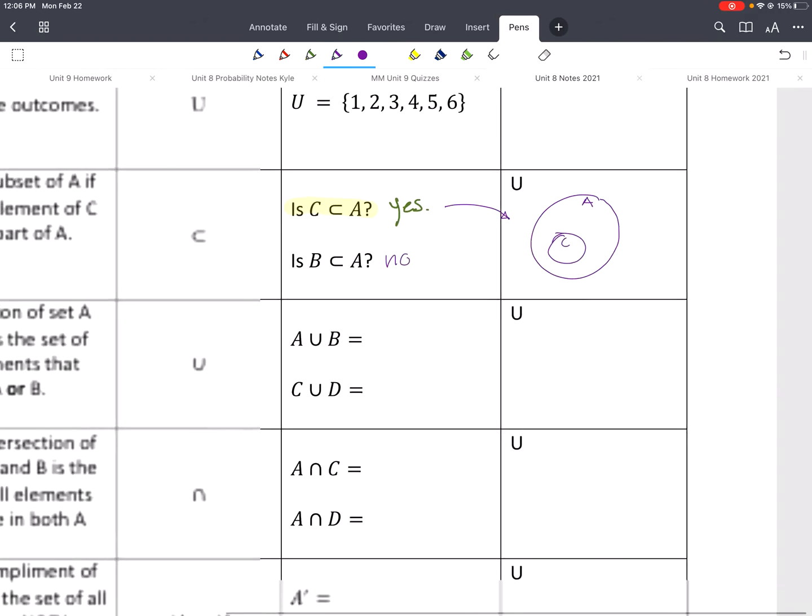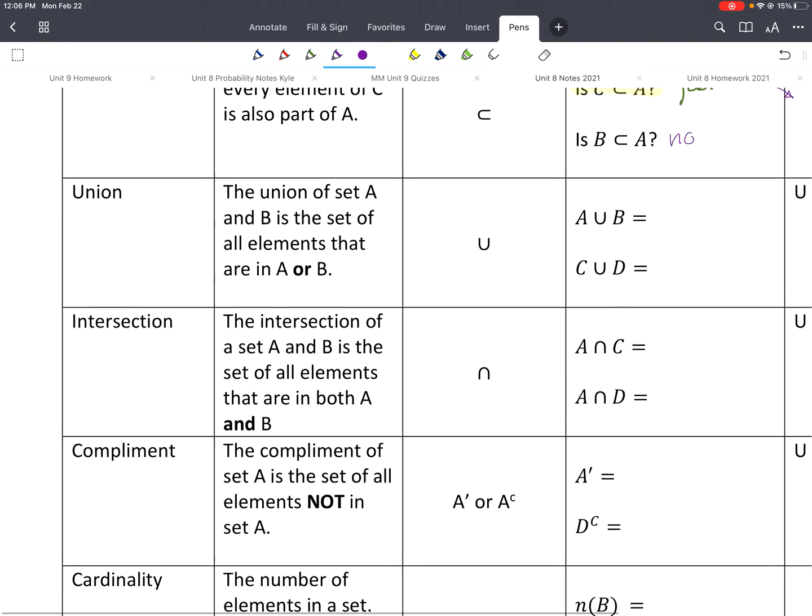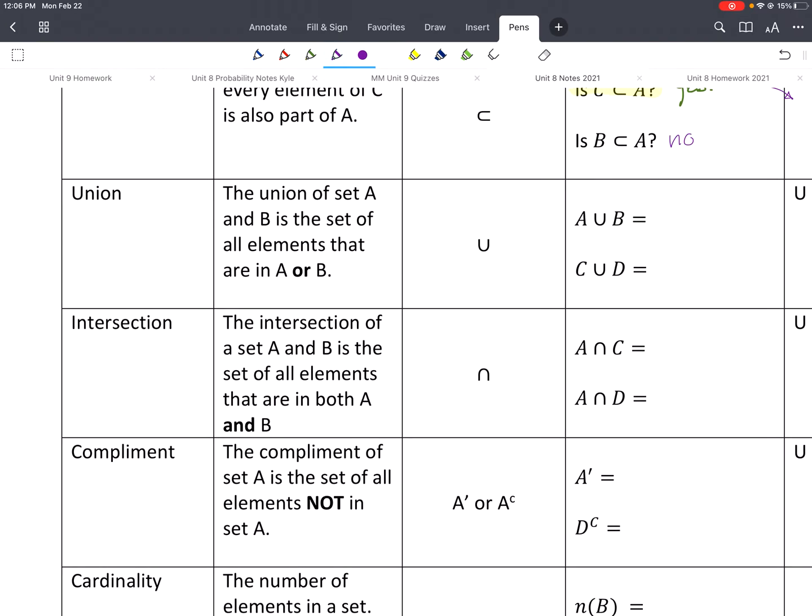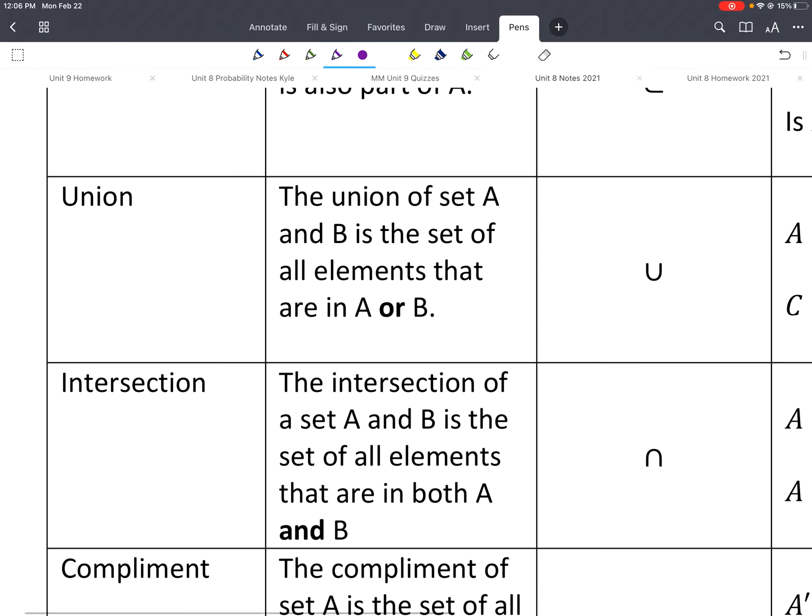All right. So let's talk about another type of vocab, union. So the union of set A and B is the set of all the elements that are in A or B. Okay, so another way to think about that, union is like combining everything together.